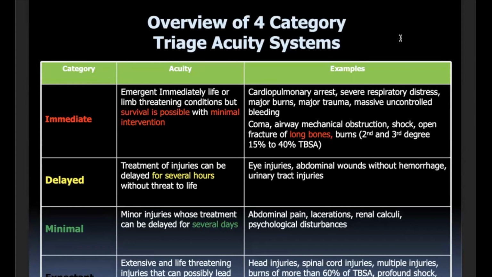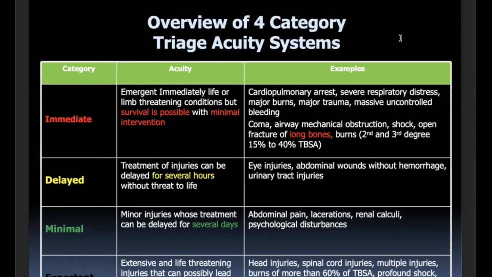It means, in terms of acuity, these are the emergent, immediately life or limb threatening conditions, but survival is possible with minimal intervention. Examples are patients who are experiencing cardiopulmonary arrest, severe respiratory distress, major burns, trauma, massive or uncontrolled bleeding. Okay, and the rest here.